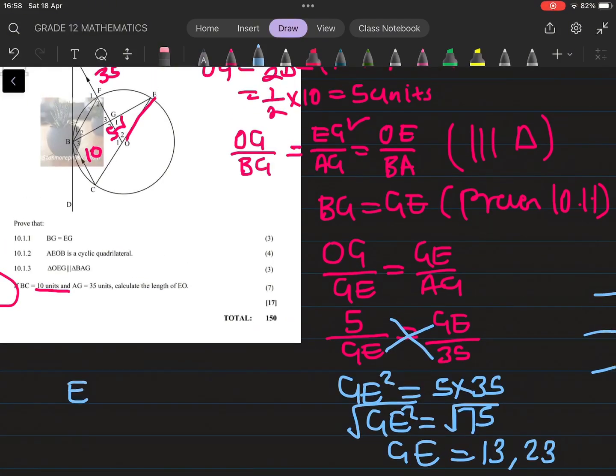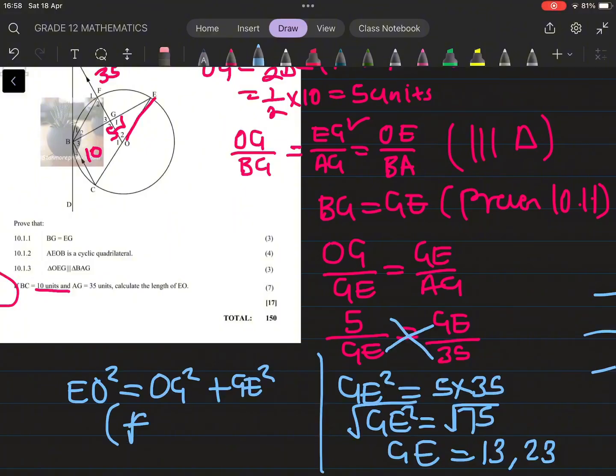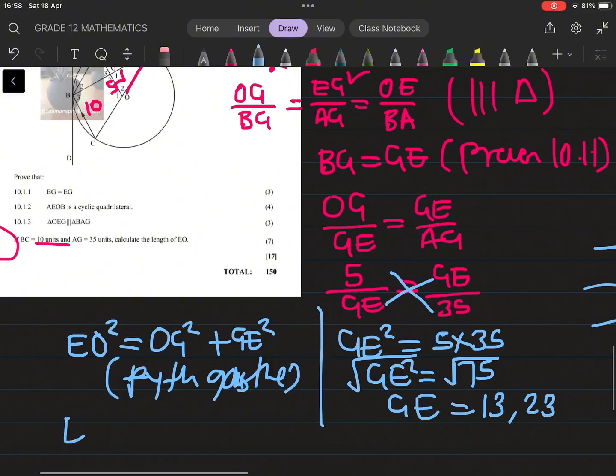Now we can use Pythagoras, because we know that Pythagoras said OE squared, which is the hypotenuse squared, is equal to OG, that is the adjacent, plus GE, which is opposite, squared. Then that is supported by Pythagoras theorem. Oh, oops, why did I write GO? That was supposed to be Pythagoras theorem. Right. Okay.